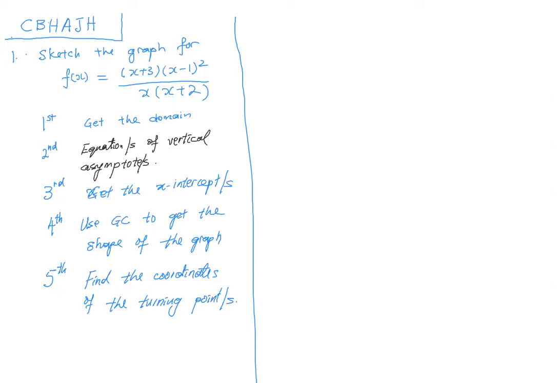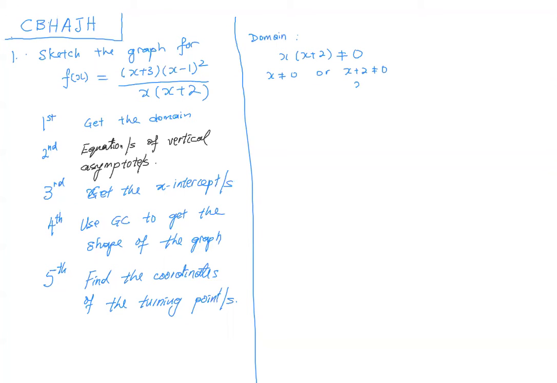Yeah. So what you need to do is for domain, when you see rational function, the first thing is the bottom cannot be equal to 0. So x cannot be 0 or x plus 2 cannot be 0.